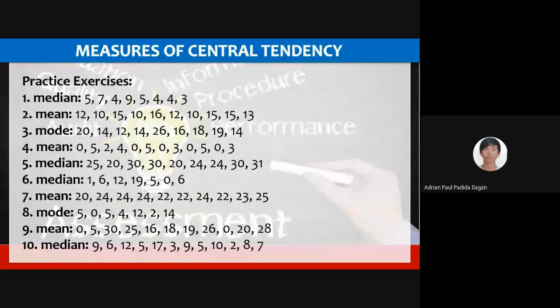Number 5 ay 25. Number 6 ay 6. Number 7 ay 23. 8 ay 5. 9 ay 17. And 10? Ano yung 10? 7.5 po, sir. 7.5. Okay, thank you.